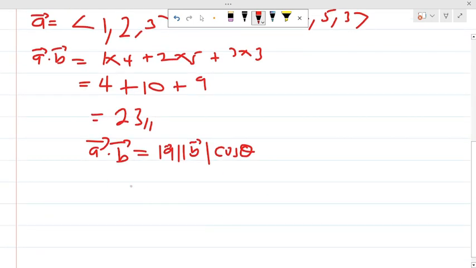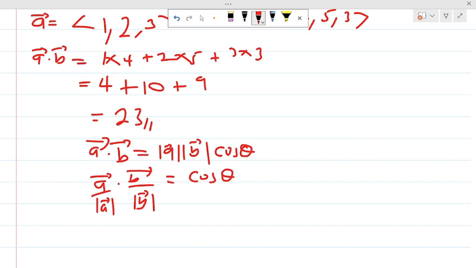Now we can rewrite this as unit vectors, as we already know. So we can rewrite them as a divided by the magnitude of a, times b divided by the magnitude of b, which is equal to the cosine of the angle.